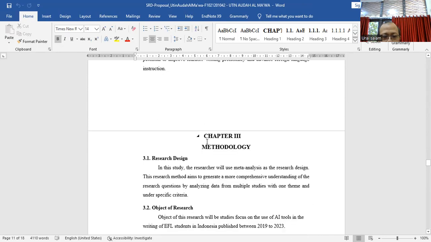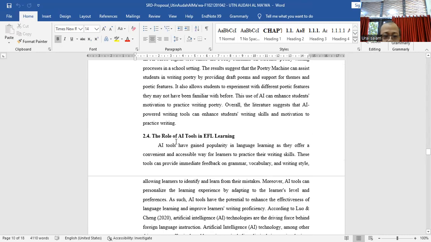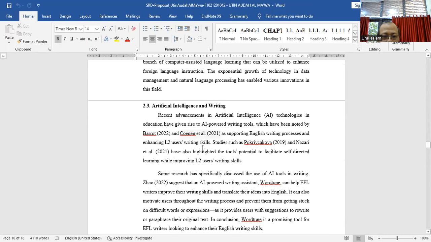And then the last part, or it can be in the same part, is artificial intelligence and writing.